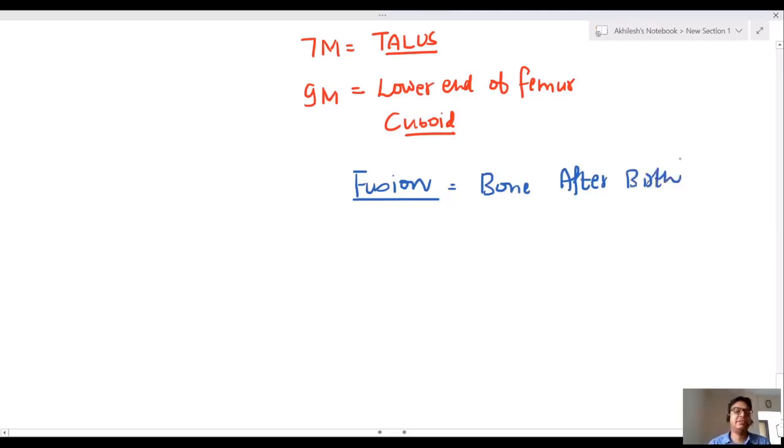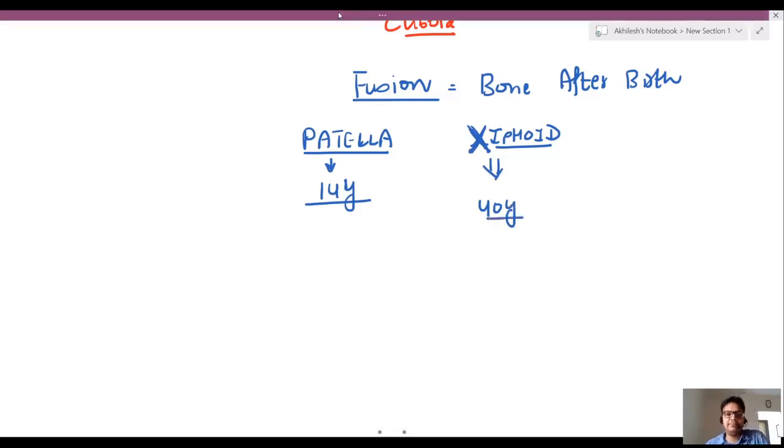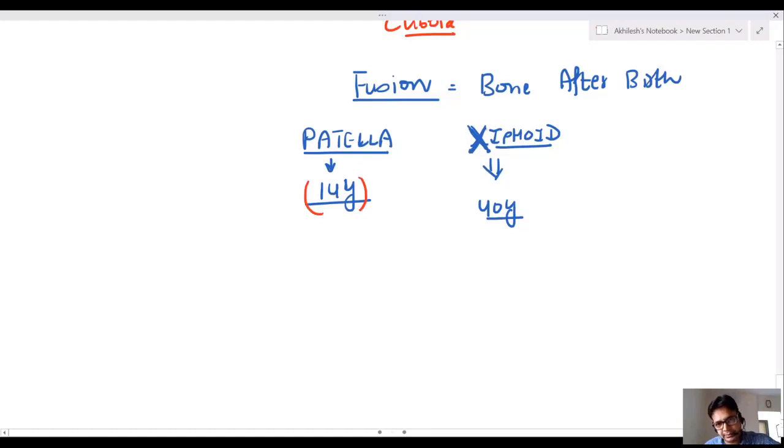At what age, sir, patella and xiphoid? Patella fuses at 14 years. And xiphoid fuses at 40 years. 14 and 40. Patella at 14 years, xiphoid at 40 years. Now write down.